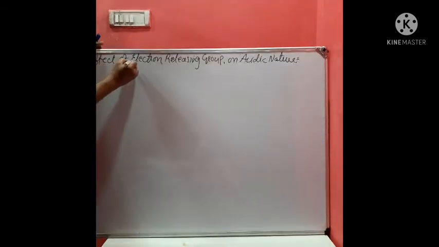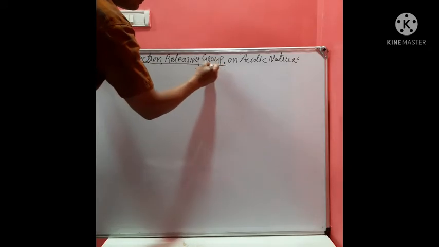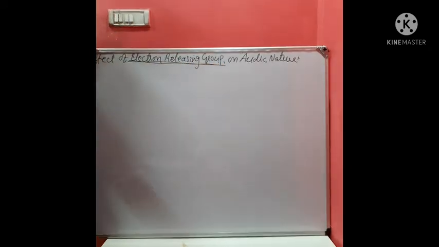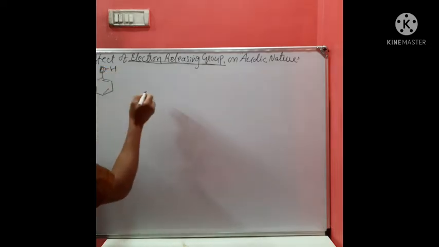And now the effect of electron releasing group, ERG. If it is attached to phenol, then how will the acidic strength change or get affected? Like, let me draw. This is phenol. Okay.